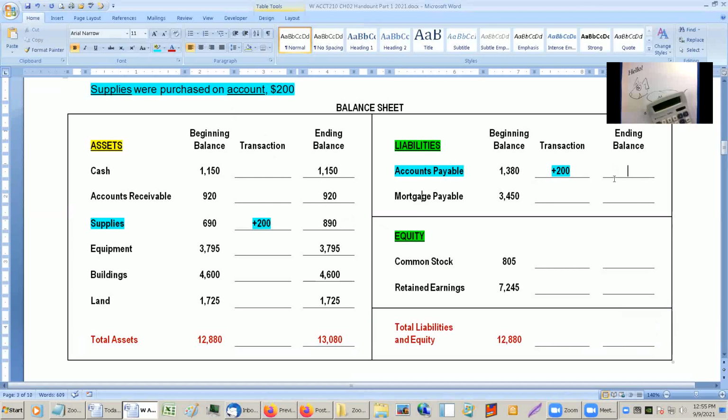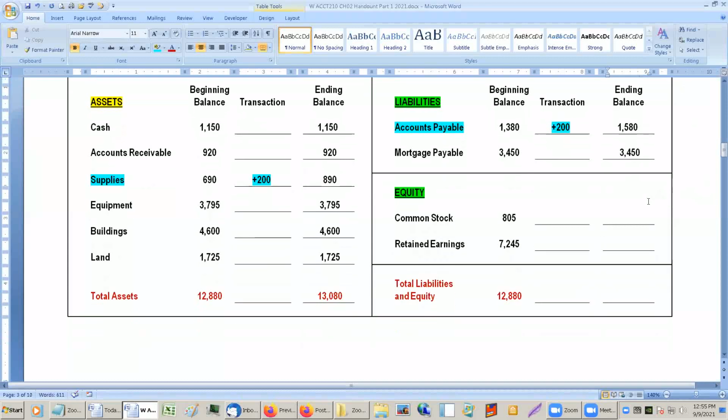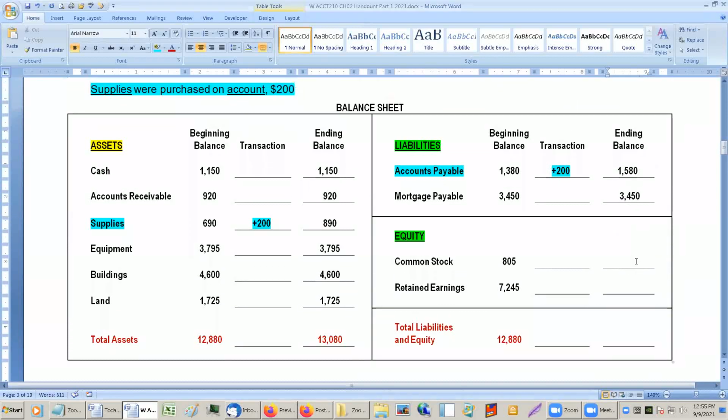Over here, we now owe more. So 1380, we owe 1580. Before 50. These are all the same.